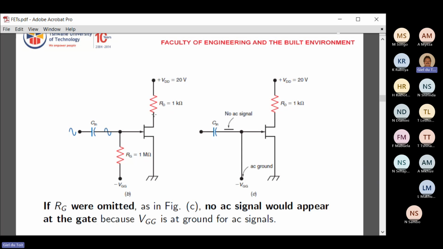This is the drain on top and this is S, the source, on the bottom. If we shorted that, with no resistor to the ground, then no signal will get through. That's why we put a resistor in here. Usually this resistor is like 50 ohm or so, sometimes 100 ohm. It's a very low resistance that we use here for the gate.